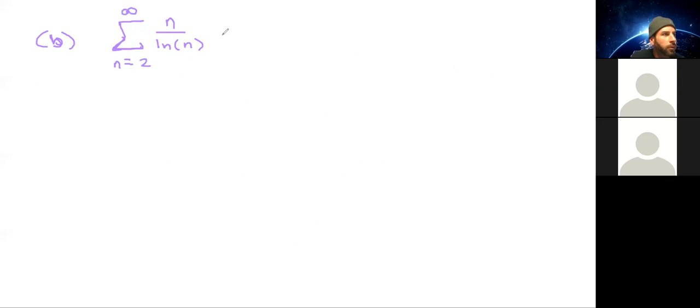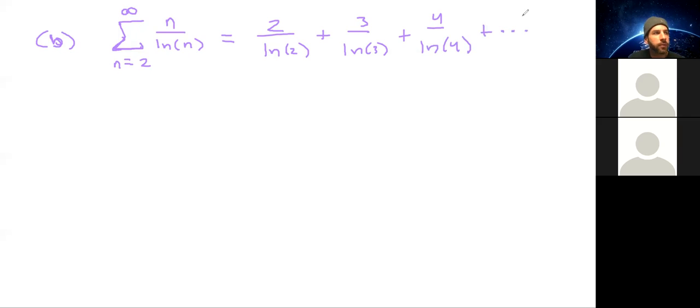So this would be 2 divided by log 2 plus 3 divided by log 3 plus 4 over log 4. Can this guy converge or diverge? Well, we know it diverges. Why does this guy diverge?